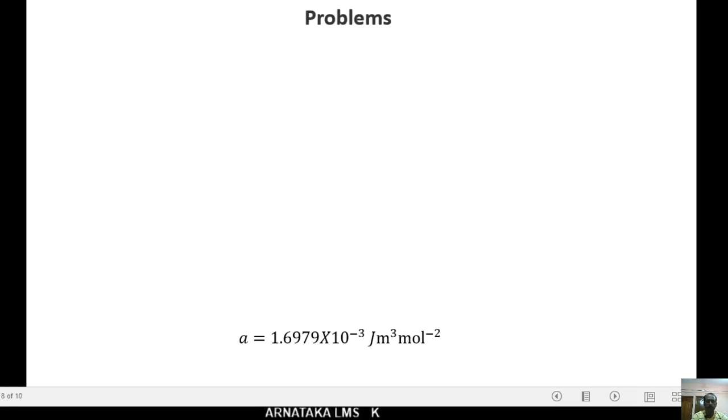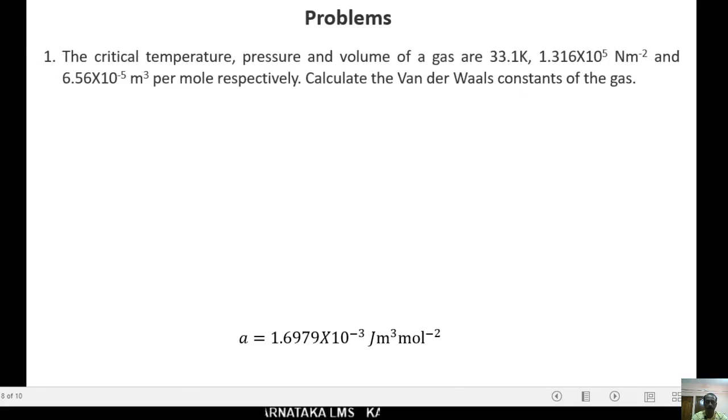Let us see the problems on these critical constants. Here the first one: the critical temperature, pressure and volume of a gas are 33.1 degree Kelvin and 1.316 into 10 raised to plus 5 Newton per meter square and 6.56 into 10 raised to minus 5 meter cube per mole respectively.